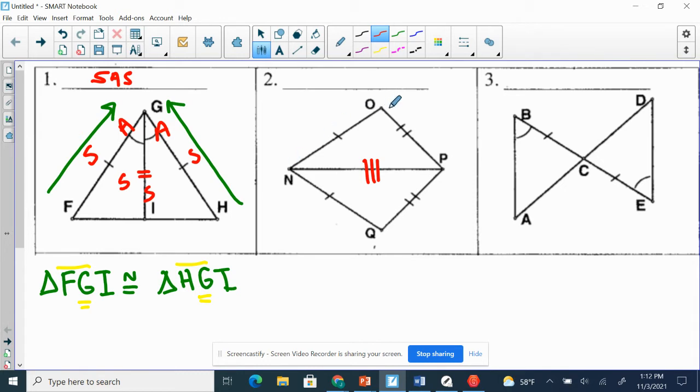So then we have a side, and a side. And then again, a side. So this is congruent by side, side, side. And to write our congruency statement, we want to go in order again.